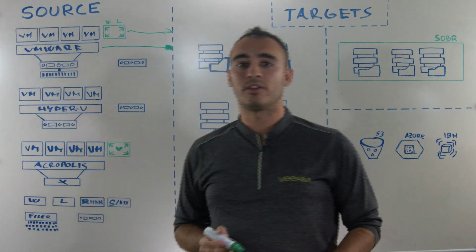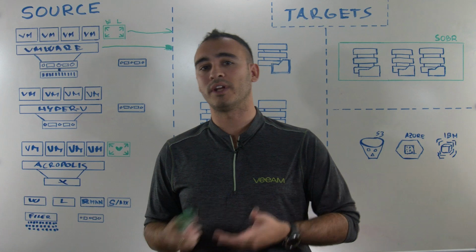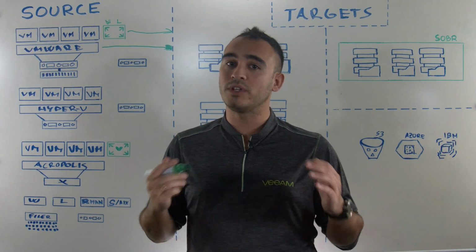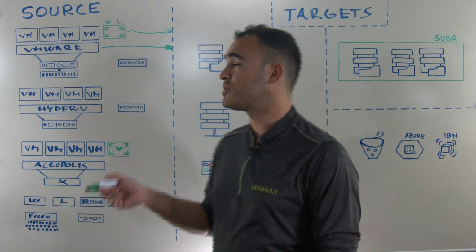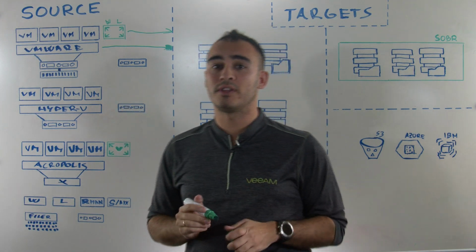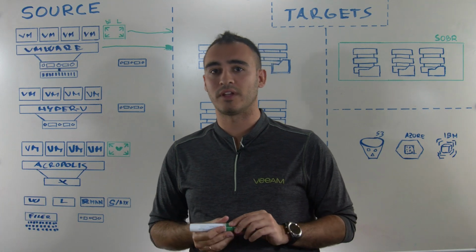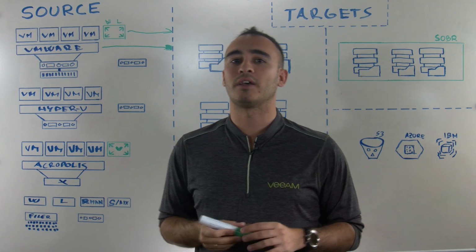And then the other transport mode that we have is what we call direct SAN or direct NFS. For that, we tend to recommend, of course, to dedicate a physical proxy. That physical proxy, for now, needs to be Windows, but in the future, Linux is going to be integrated with the direct SAN mode and the storage integration.